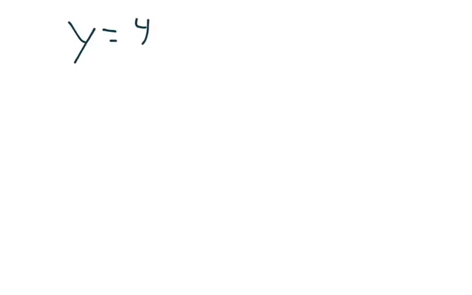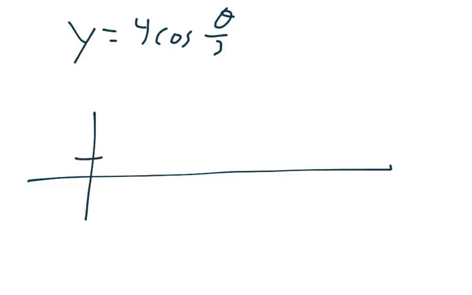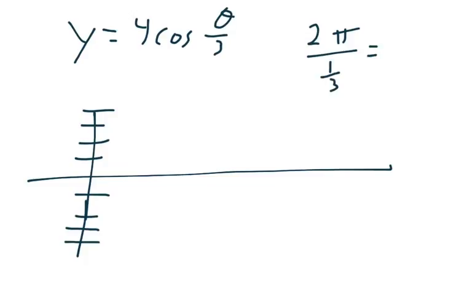Y equals 4 cosine theta over 3. My amplitude is 4, so I go up 1, 2, 3, 4. And I'm going to do 2 pi divided by, since k is equal to 1/3, 2 divided by 1/3 is 6. So my last tick mark is 6 pi. In between 0 and 6 pi is 3 pi.